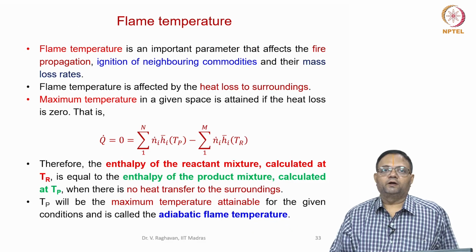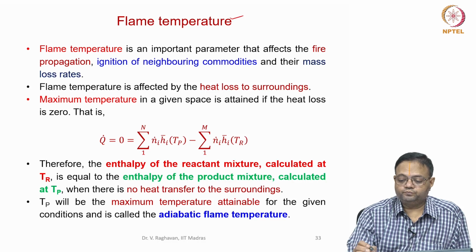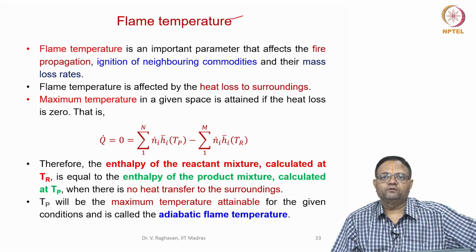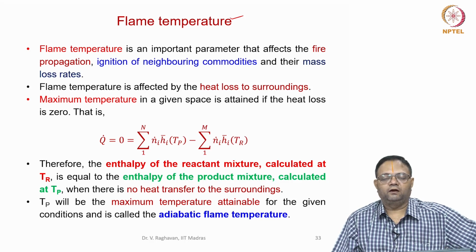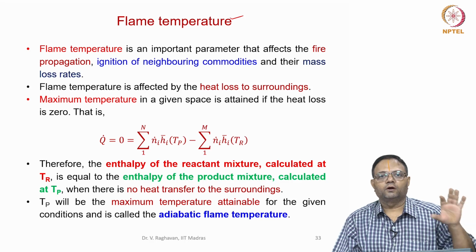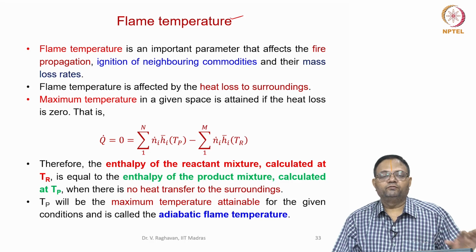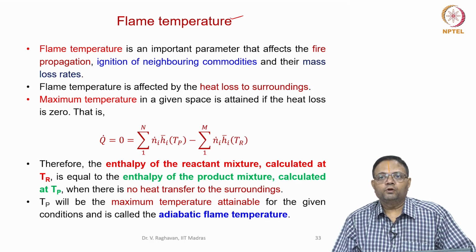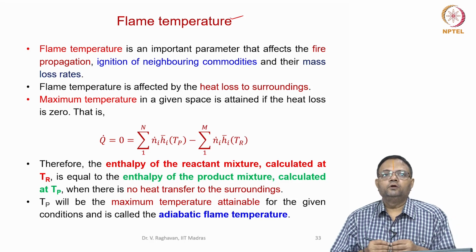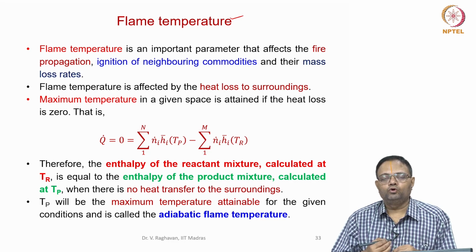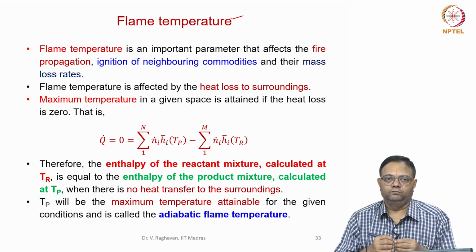Now, the next topic is flame temperature. First we have seen the amount of oxygen or air required for burning a fuel completely, at least the theoretical amount required. Then we have seen, when a particular fuel burns, what the heat release will be. For heat release, there are two things: standard heat, where the products are cooled to 298 K and reactants also enter at 298 K, so that I extract all the heat possible.